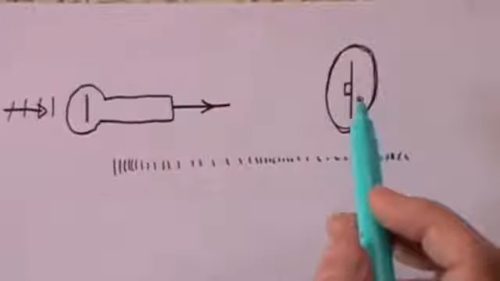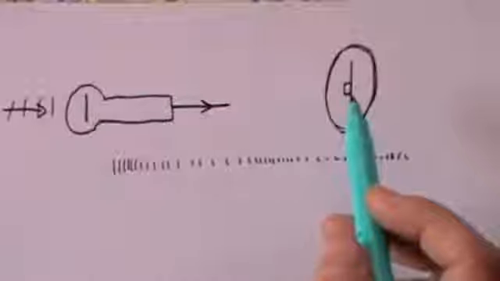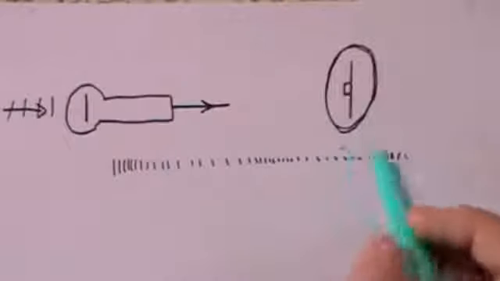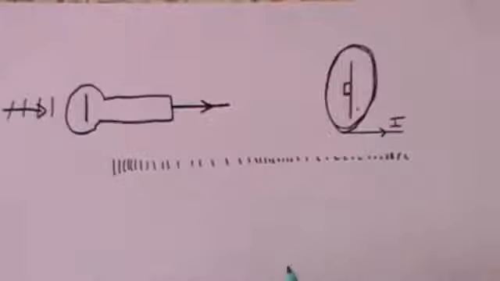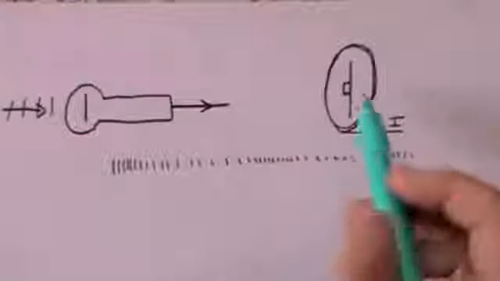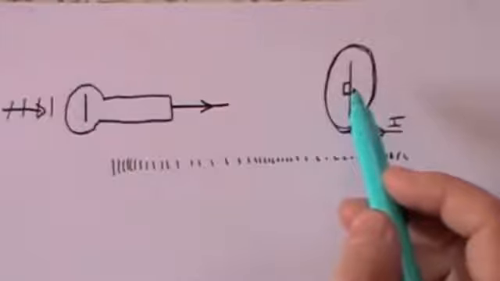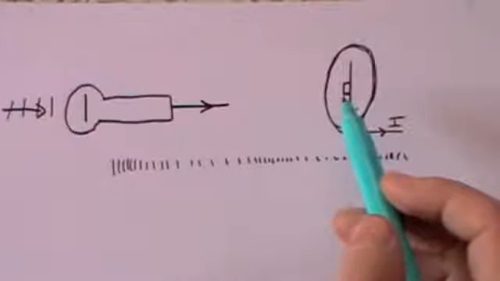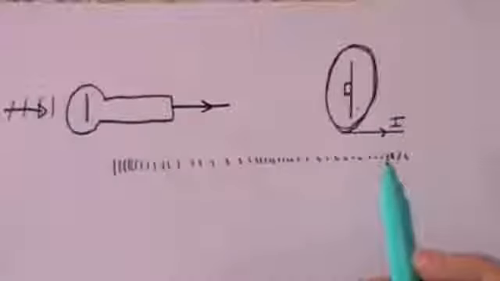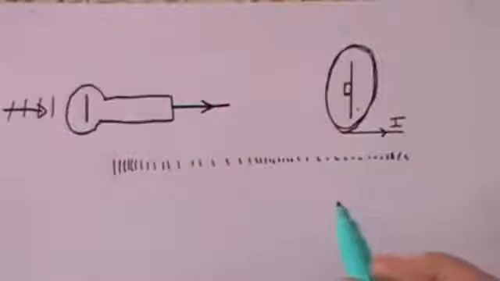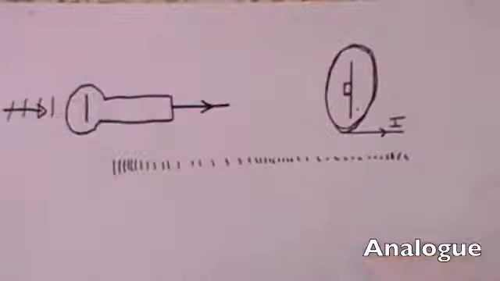And wherever you have a moving magnet in a coil, you will get a current flowing. And so in this coil, a current will flow. And the size of that current will reflect the degree of movement of the magnet. We've done this in electromagnetism. So you've got a current that is essentially analogous to the sound wave that caused it. And that's why it's called an analog signal.